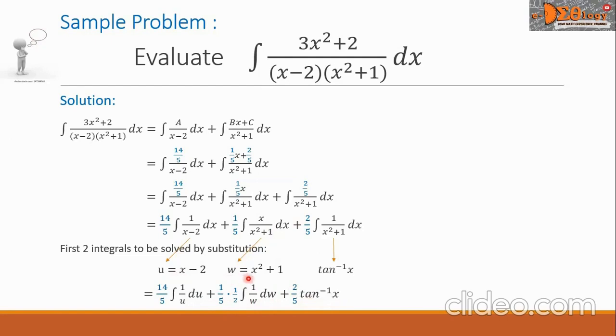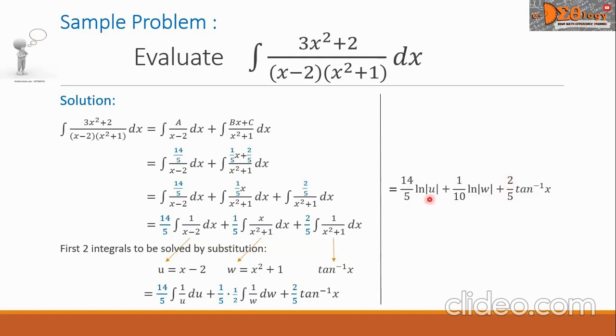The first two integrals here will give us natural log. So the next step, we will get 14 over 5 times the natural log of the absolute value of u, plus 1 over 10 times the natural log of the absolute value of w, plus 2 over 5 times tangent inverse of x.